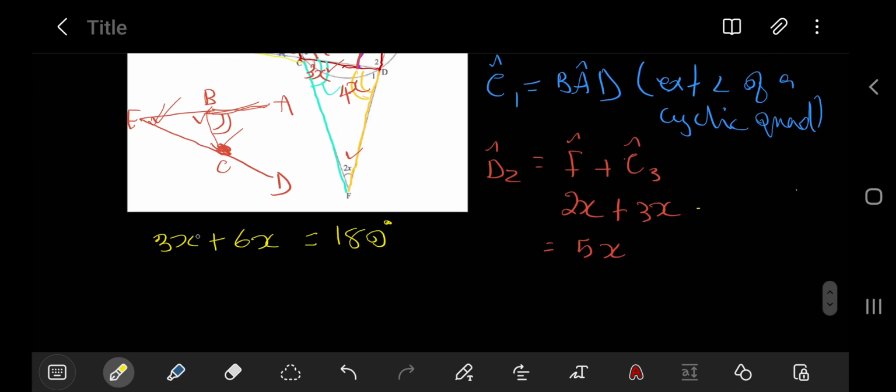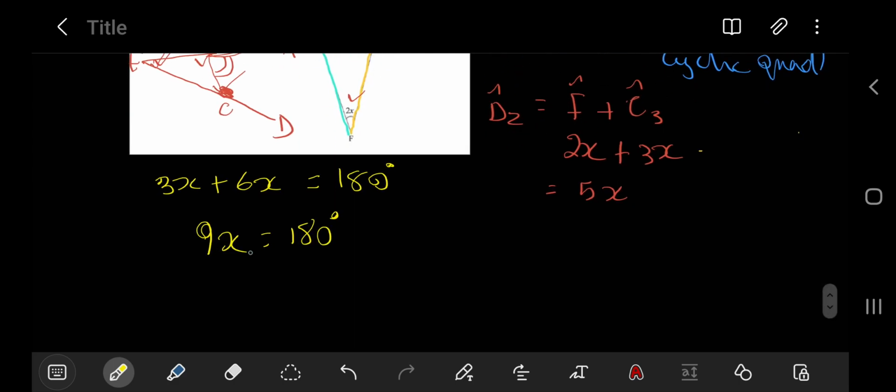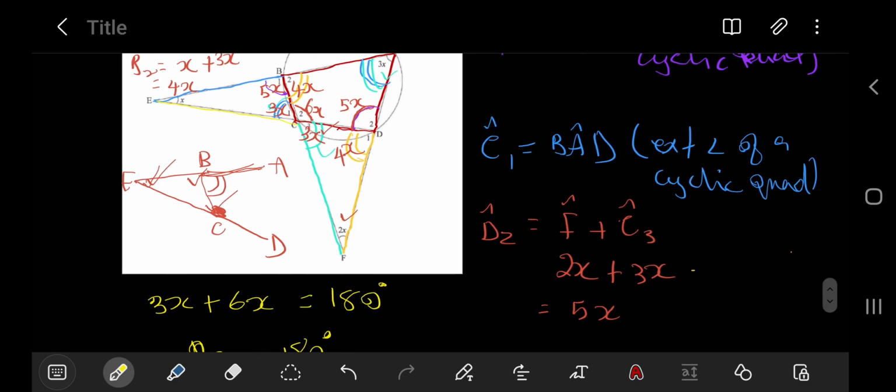Okay, and then you do that. So that would be 9x equals 180, and then you divide by 9, and then x would be equal to 20 degrees.